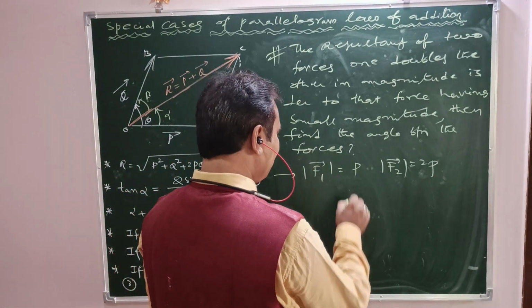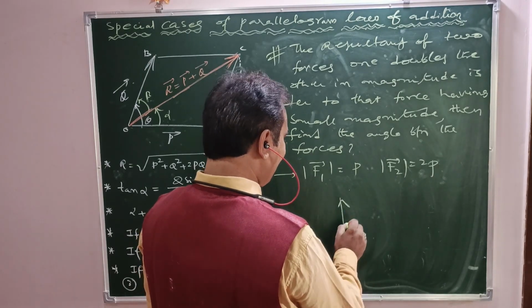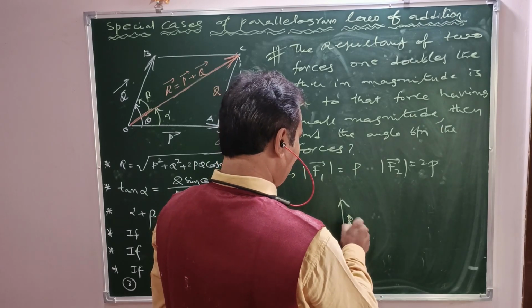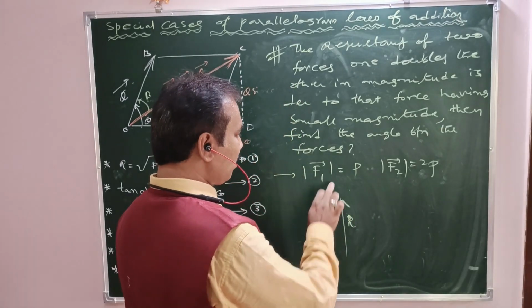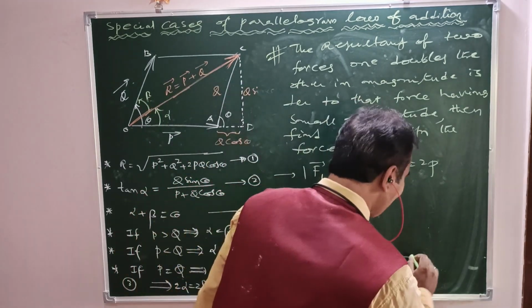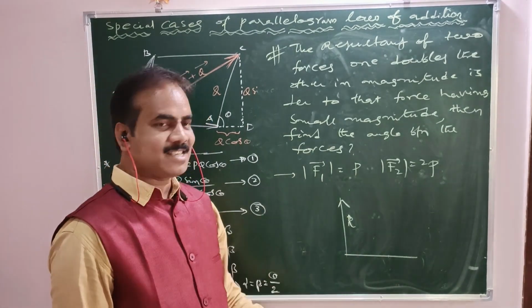See, this is the resultant, as an example. The resultant is perpendicular to one of the parent vectors. I am taking the force of smaller magnitude along the x-axis.